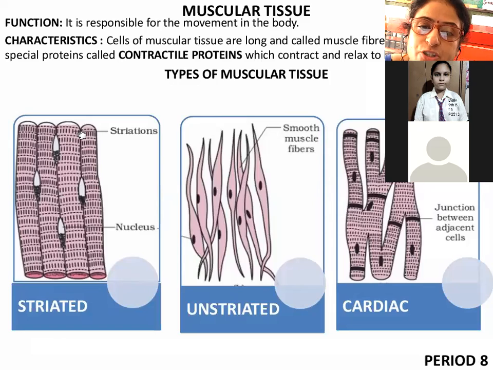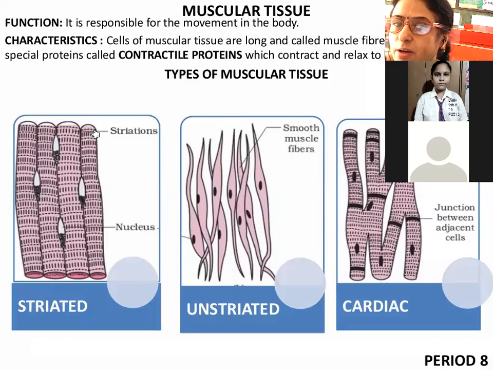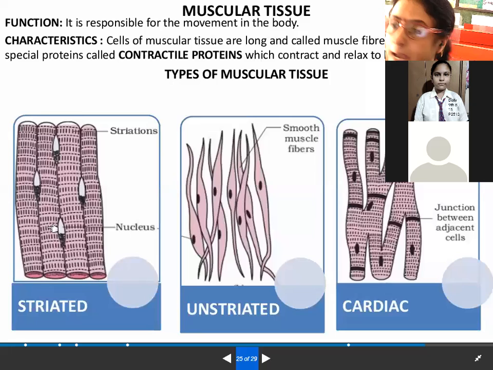There is a dark patch, then a light patch, then again a dark patch, again a light patch. Because of these patches, because of this striation, we call it striated muscle.